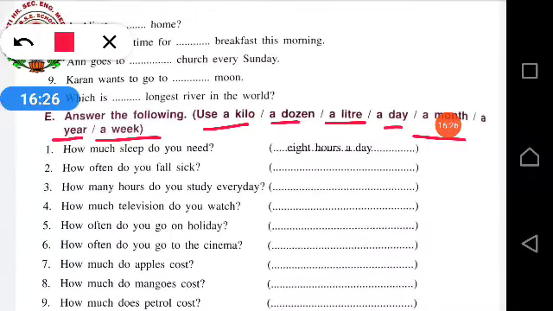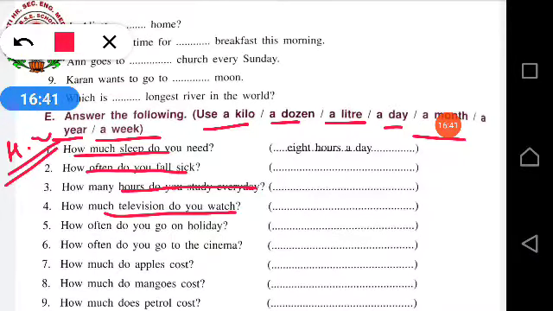This question will be your homework. You have to do it by yourself, because how much you people are sleeping, I don't know. How often you are falling sick, I don't know. How many hours you study, I don't know. How much television you watch, I don't know. So here you have to put your own information.